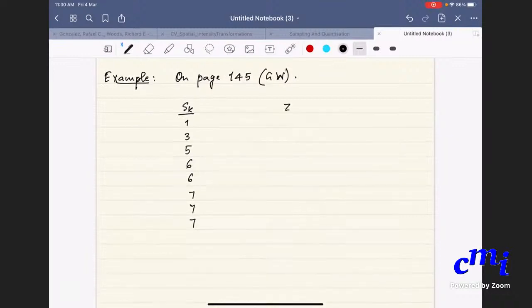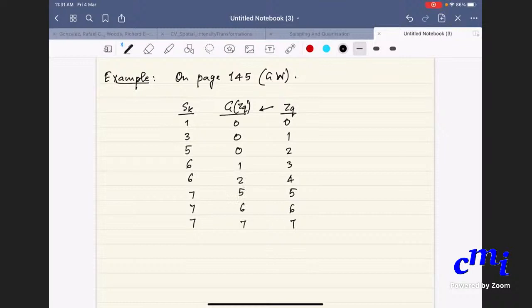For the other image, the specified image ZQ, the original given values are 0, 1, 2, and after rounding 4, 5, 6, 7. The equalization of ZQ is GZQ, and these values come out to be 0, 0, 0, 1, 2, 5, 6, 7. Again, these are for some hypothetical image only, which is why there are finitely many and only 8 intensity values.